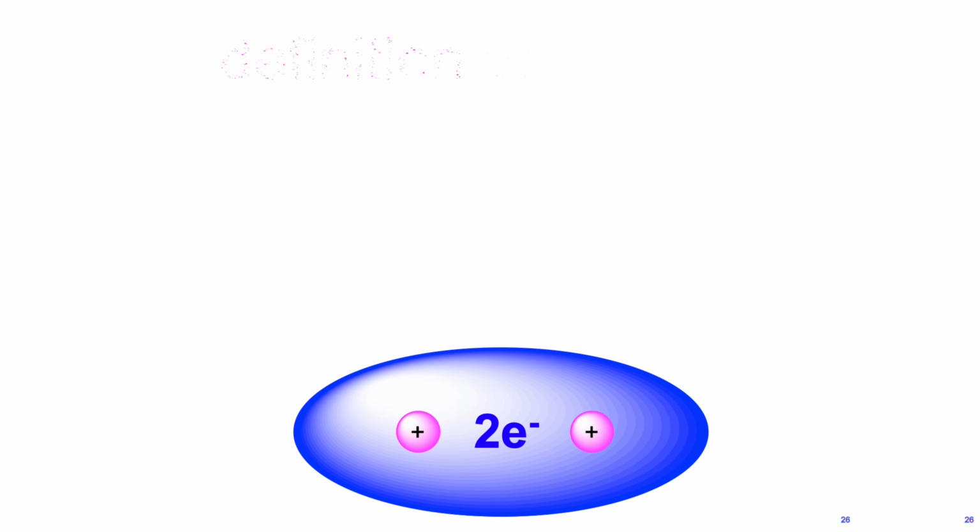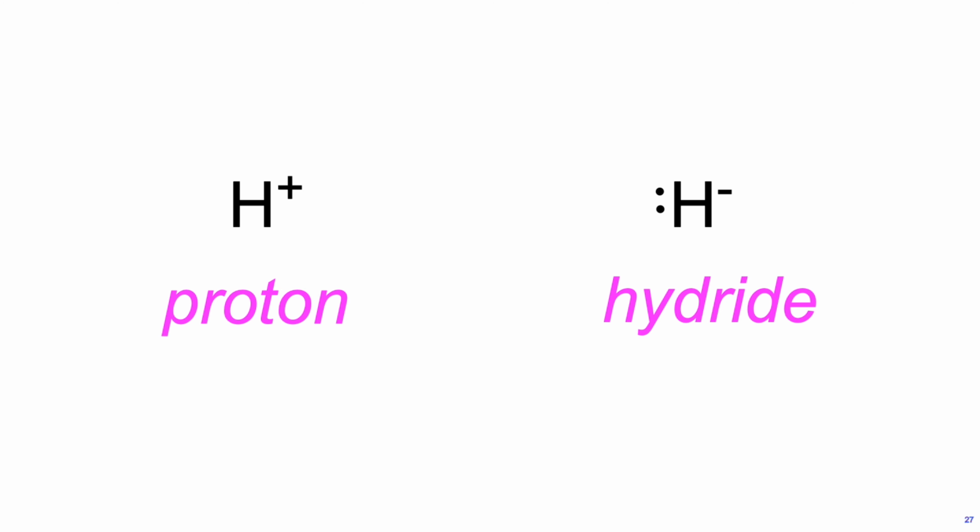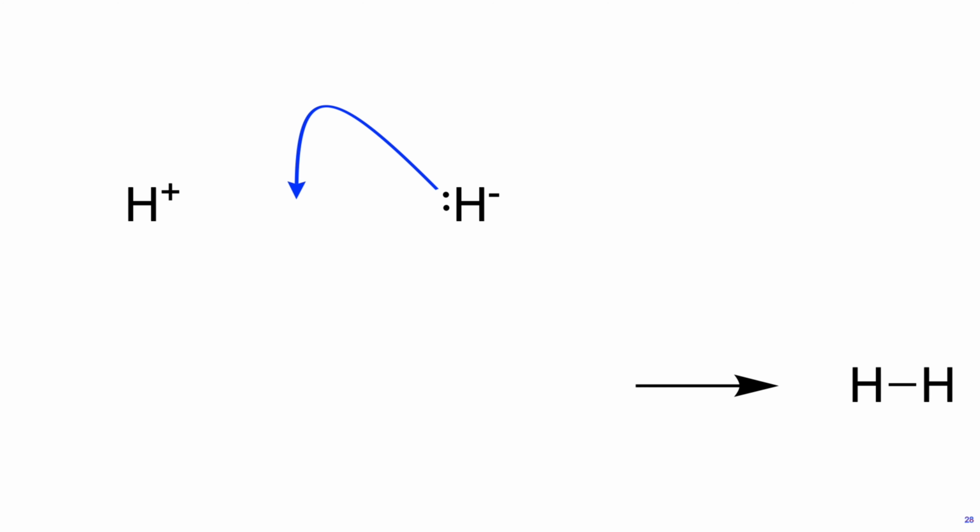Let's consider what happens when we take a hydride and react it with a proton. Are we going to draw an arrow from the proton to the hydride? No, because the proton doesn't have any electrons. So which way do we draw it, Yuan? We are going to start from the hydride since it has two electrons.